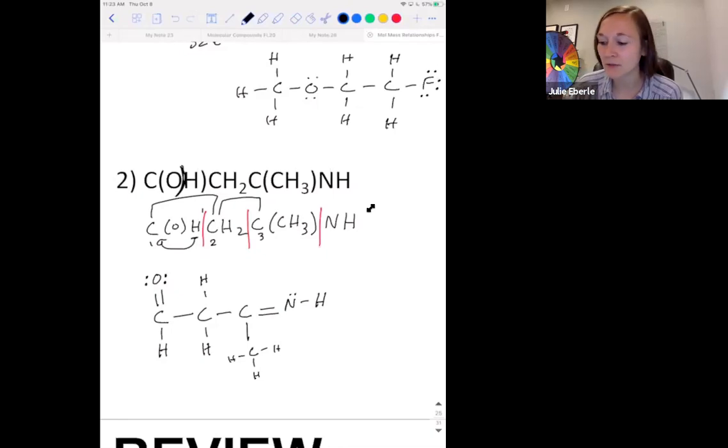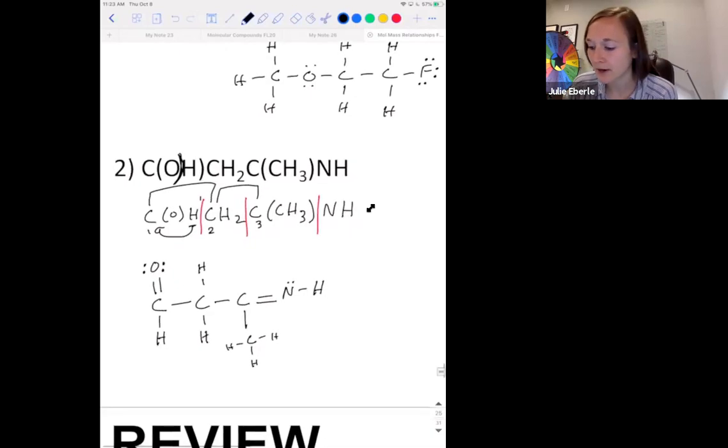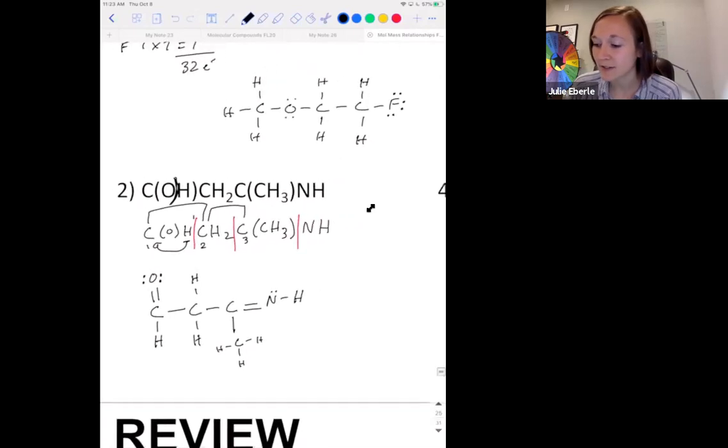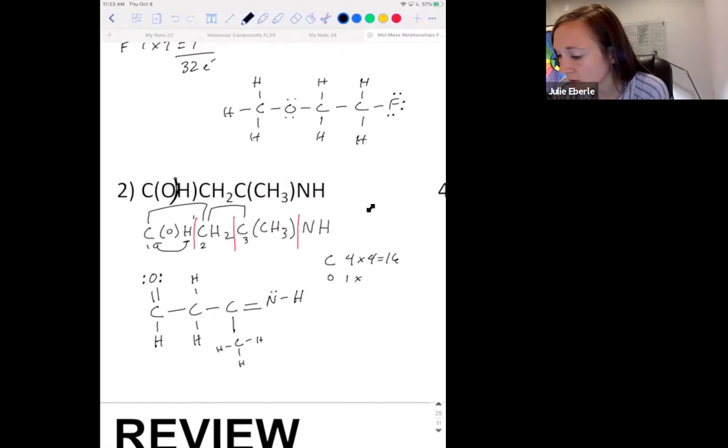I promise I'm going to give you one like that on the exam. All right. Questions on that? Oh, we did not count the electrons here, but you totally could. So we have 1, 2, 3, 4 carbons. Let's make sure our electron count is correct. Each one has 4 valence, so that's 16 from carbon. We have 1 oxygen that has 6 valence electrons.